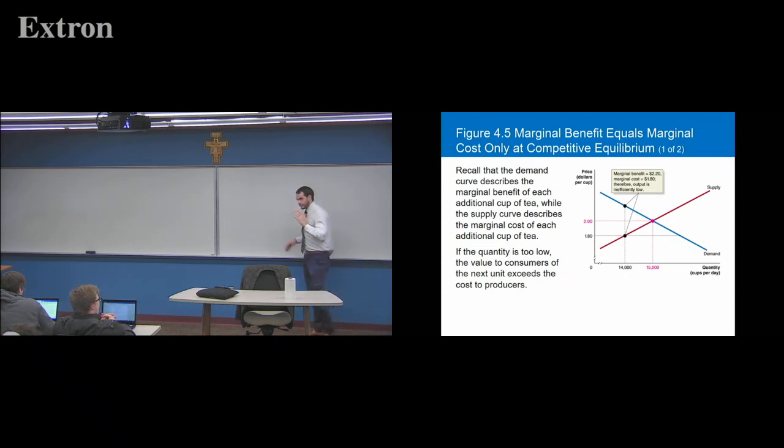In this case, output is inefficiently low. People can derive more benefit, $2.20, than it would cost firms to produce, $1.80. So because there's more value that can be created, firms will be willing to produce more.